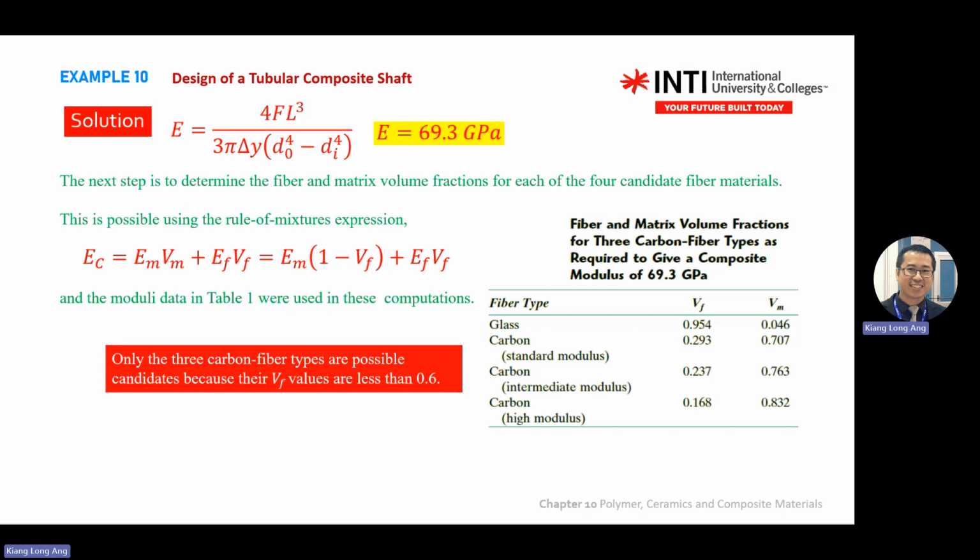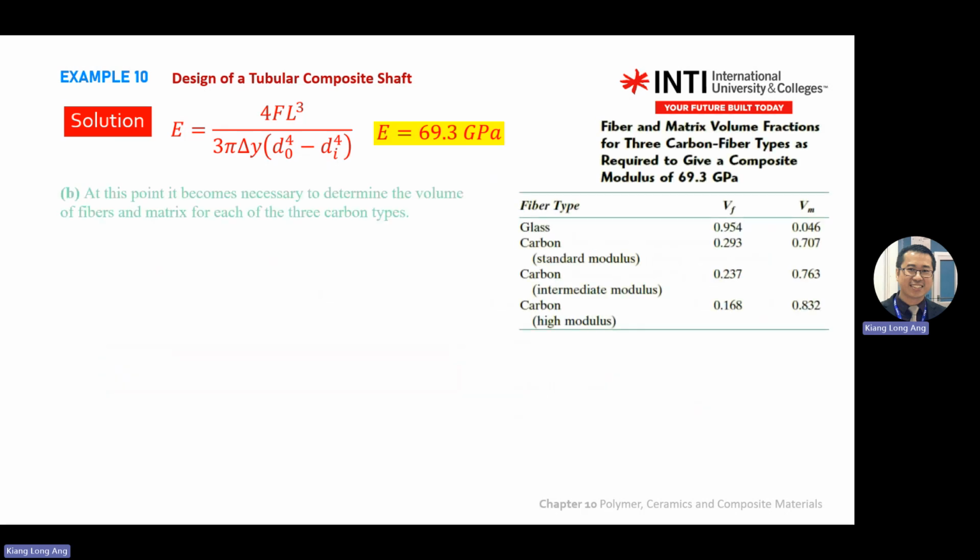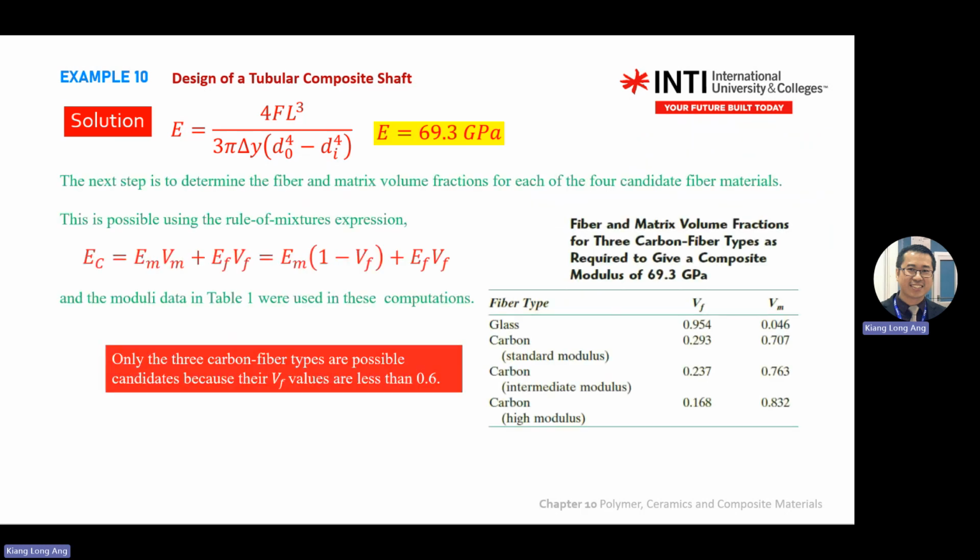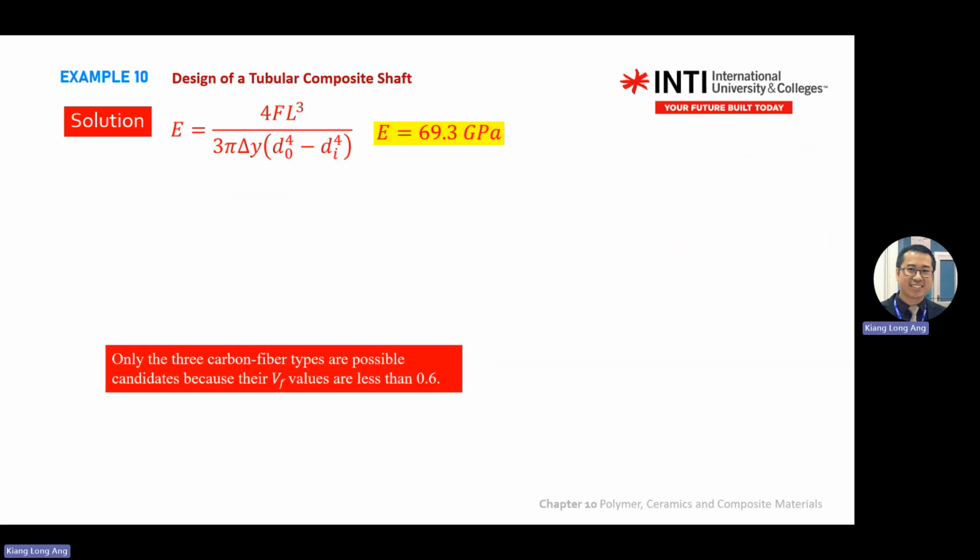Okay. So once you have this one, you know that glass is gone. So you find the volume for the combination. So volume, how to find volume? Volume is pi r square times length, right? How do you find volume for this pipe?